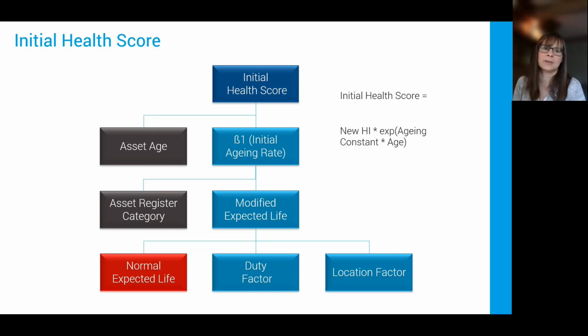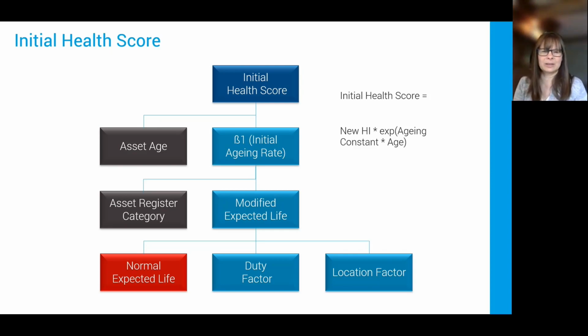So if you imagine a health score scale of 0.5 to 10, where 0.5 is a new asset and 10 is a very poor condition asset, then 5.5 is the point at which we're just starting to see an increase in the probability of failure of that particular asset, part way up that probability of failure curve.